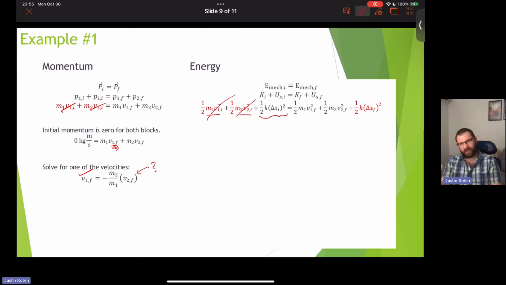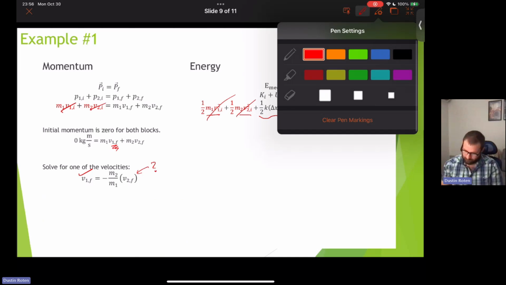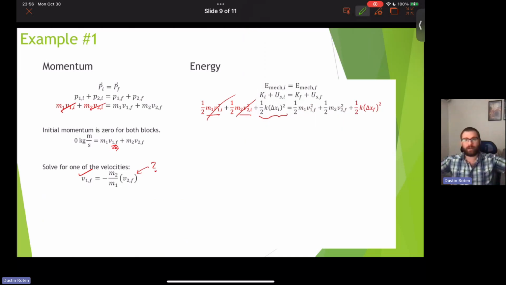Now let's think about the final, or the after picture. We know that both blocks are obviously moving. So we've got block 1, block 2, they both have kinetic energy. Well, the spring returns to its equilibrium position in the final picture. So the delta x final is just 0 meters.